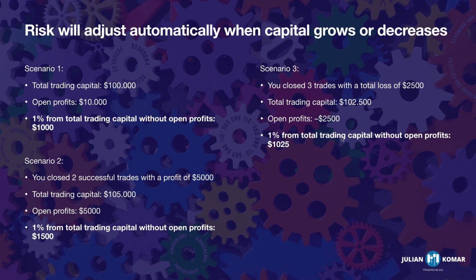In that example now, your risk is adjusted to 1,025. So it decreases automatically. You also automatically reduce your risk when you are losing money. And you automatically increase your risk when you are winning. So a very good approach for position size calculation.